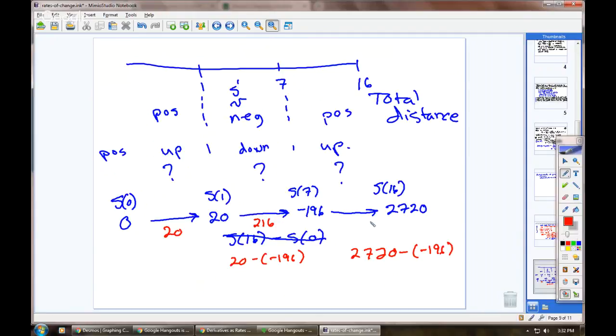We get 2,916. So these are the distances this particle traveled up and then down and then up again.